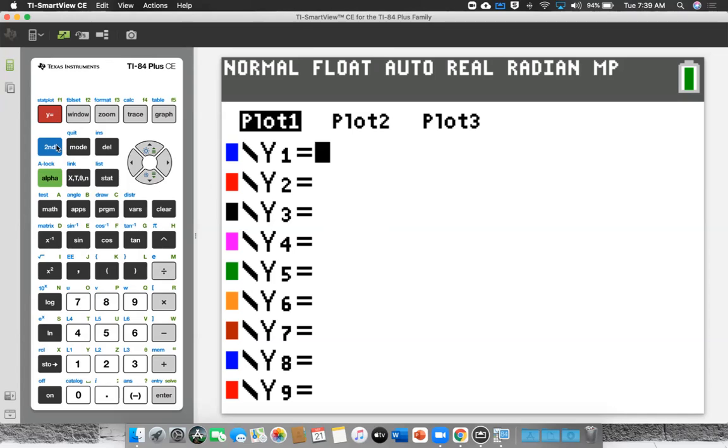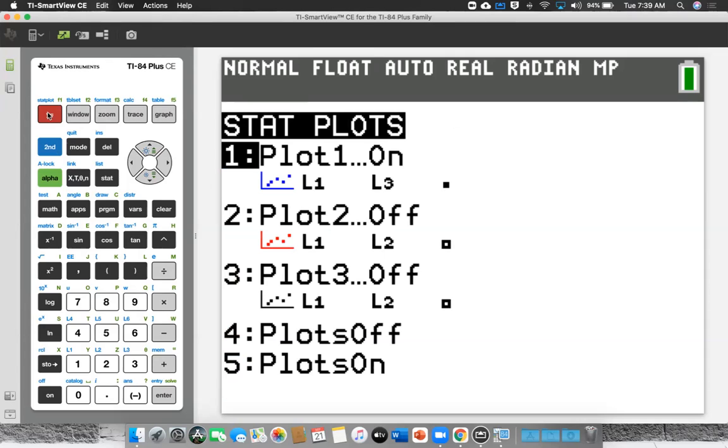Also, now this is going to be important because in my stats class we've been doing a lot of graphs. So where we graph those is you hit second, y equals, and that should give you this right here. Number one, your plot most likely will say on.